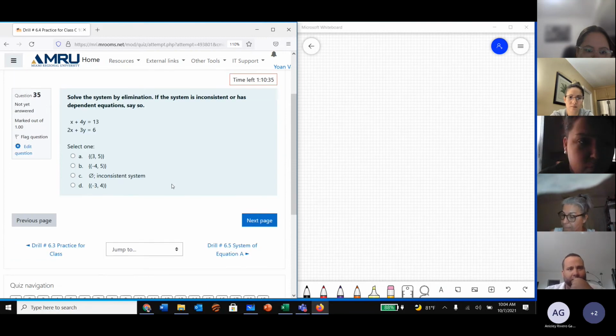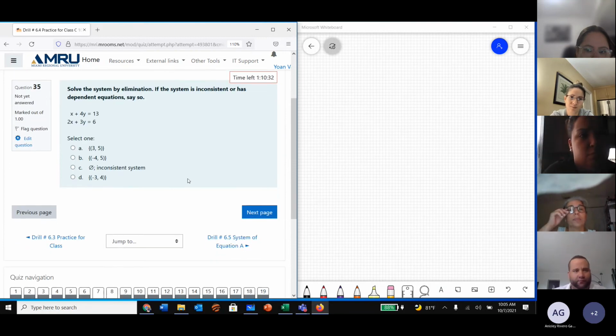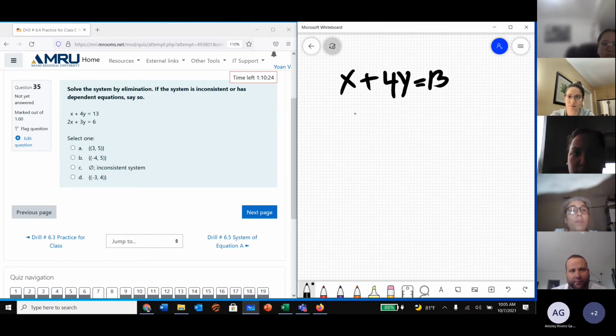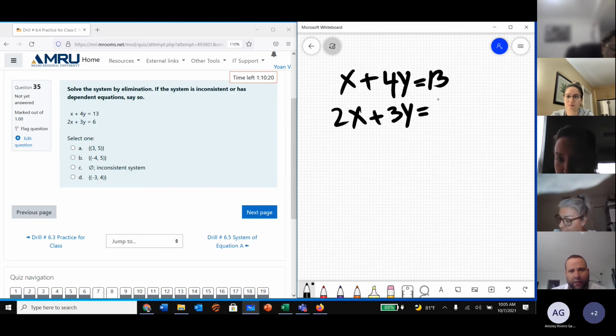Okay, go ahead. Question 35. We have x plus 4y equals 13, and then we have 2x plus 3y equals 8, and then we need to eliminate one of the variables.